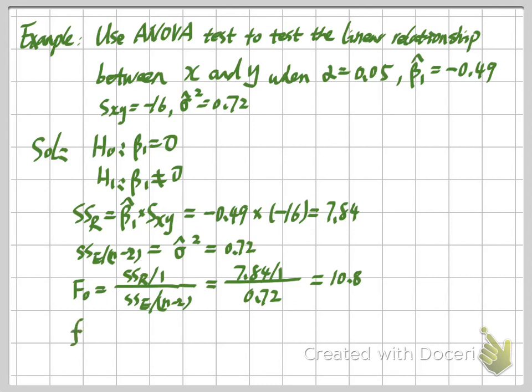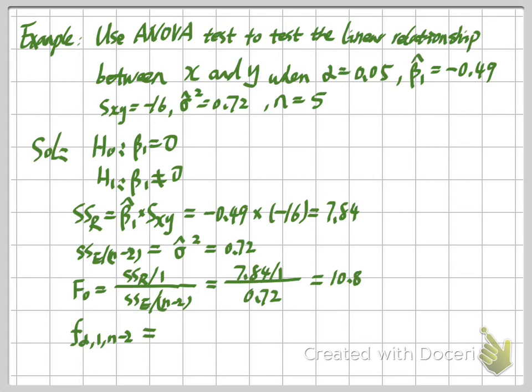And then for our critical value, we have F alpha, 1, n minus 2. So in this part, what we need is how many pairs we have. In fact, if you look at the data, it's similar to our previous example, so we also have n equal to 5 here.